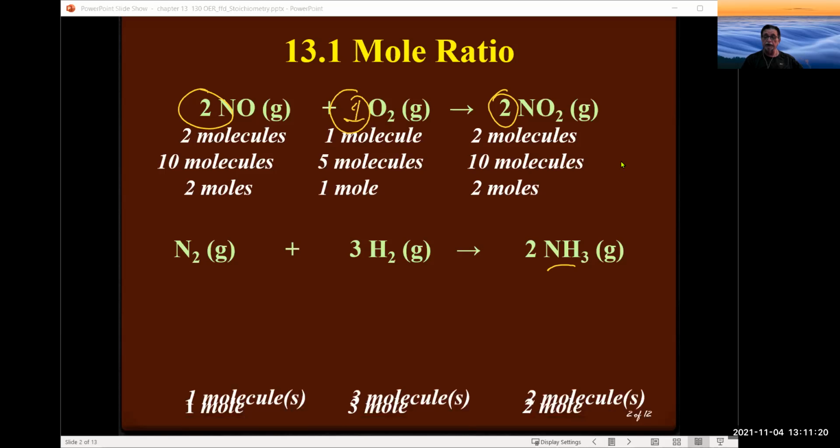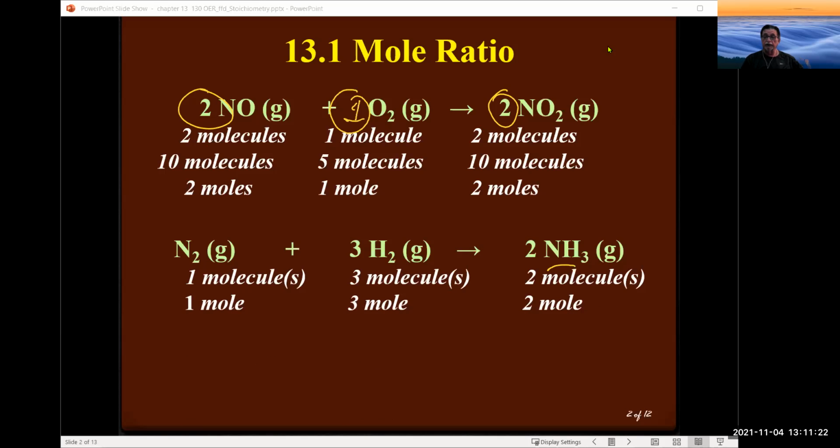And so, as is the case with the above example, that is interpreted as either 1 molecule to 3 molecules to 2 molecules. So obviously, as I stated, we generally are dealing with moles. So 1 mole of nitrogen requires 3 moles of hydrogen, which altogether, once the reaction proceeds, will give us 2 moles of ammonia, okay?